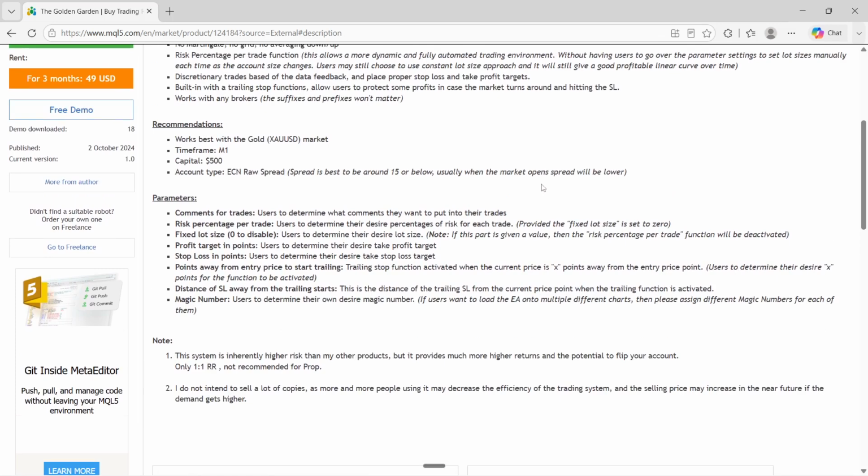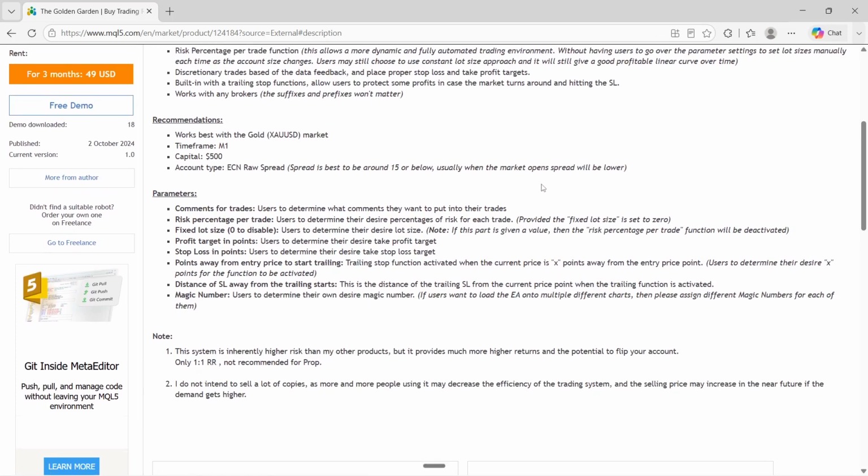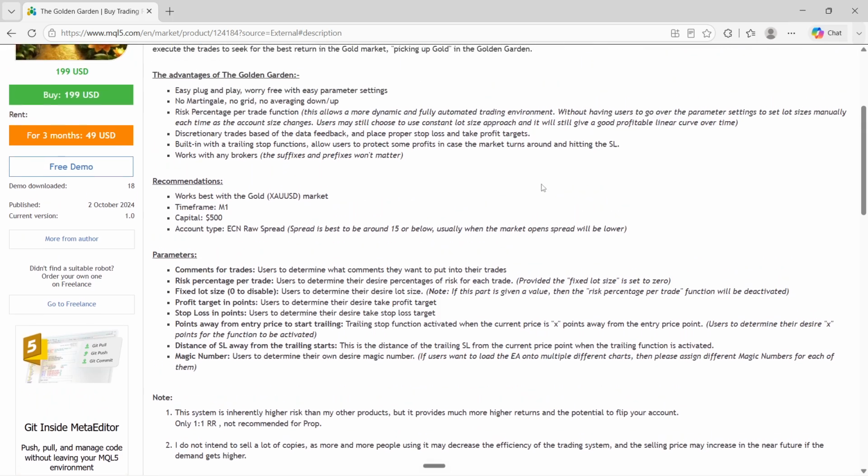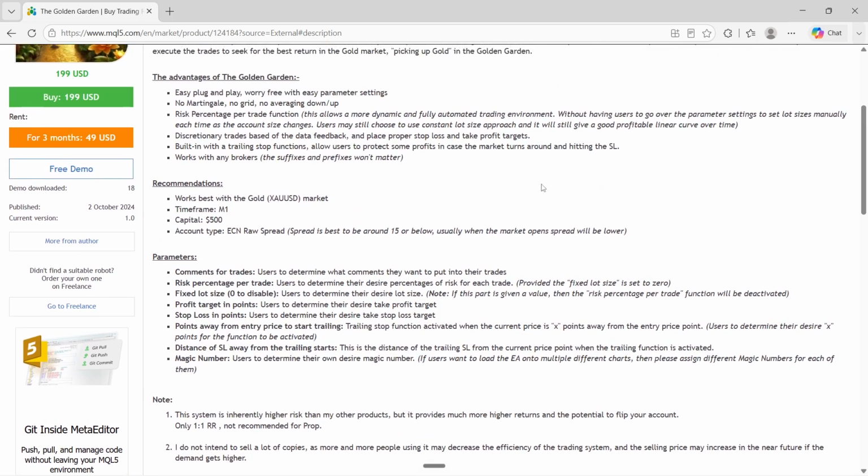Alright, so the key features include machine learning plus price action analysis for gold, no martingale, grid, or averaging, fixed percentage or fixed lot options, fixed stop loss and take profits, trailing stop, easy plug and play parameters, and compatibility with any broker.